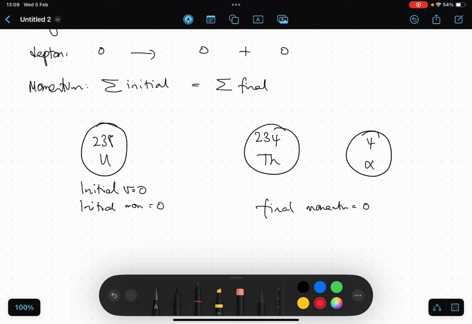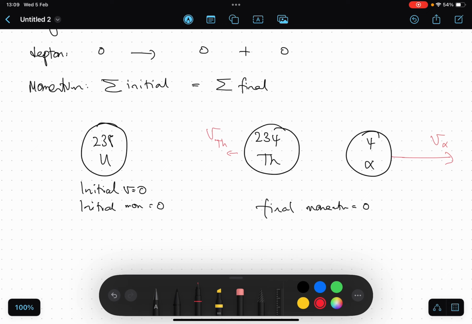Now, the alpha particle does move off with some velocity, and presumably the thorium nucleus recoils back with some velocity, the length of the arrow obviously indicating that the velocity of the alpha particle is much greater than the velocity of the thorium nucleus. And that makes sense based on their mass, doesn't it?